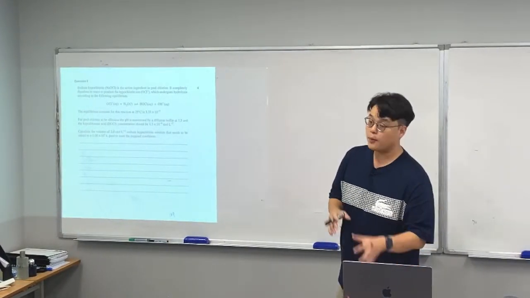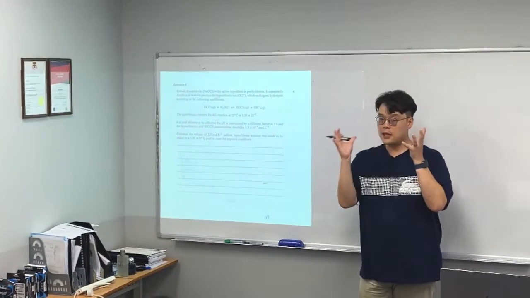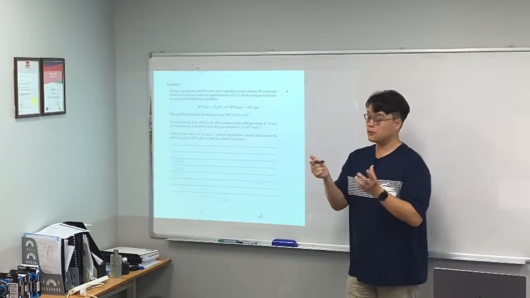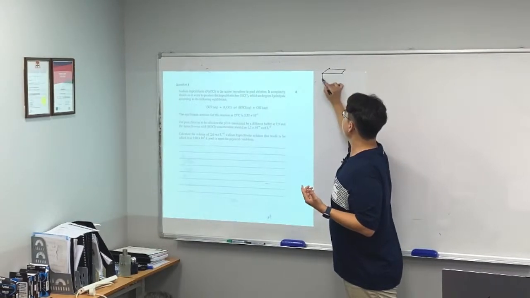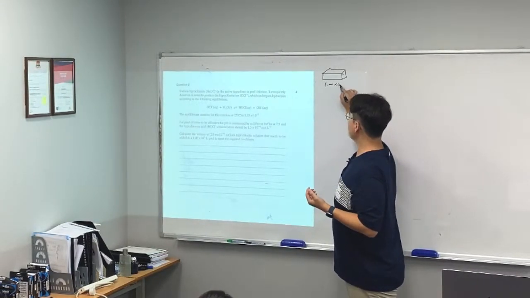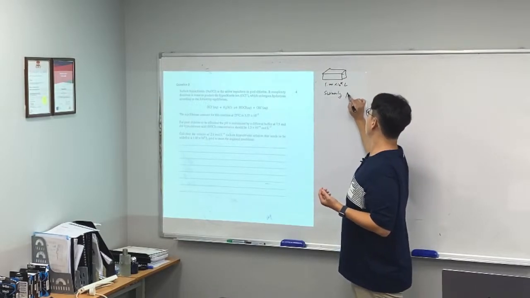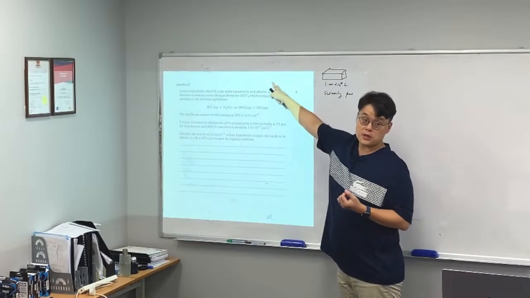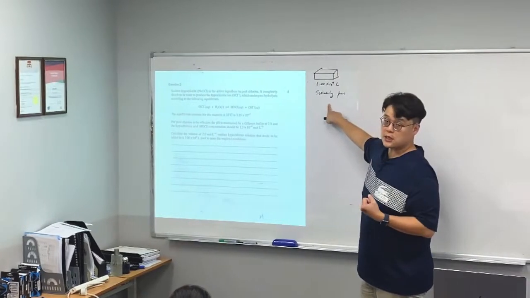So let's start one by one. First of all, try to understand what is going on in the question. You have a swimming pool that is 1.00 times 10 to the power 4 liters. We're going to go backwards for this question to understand what is going on. You have this size of pool.